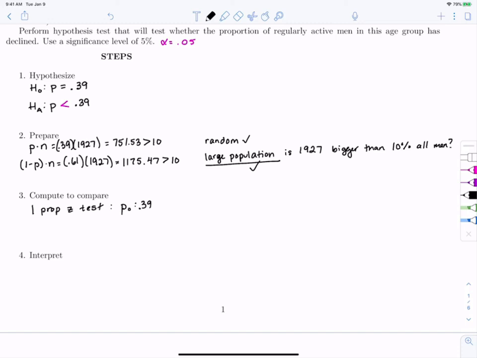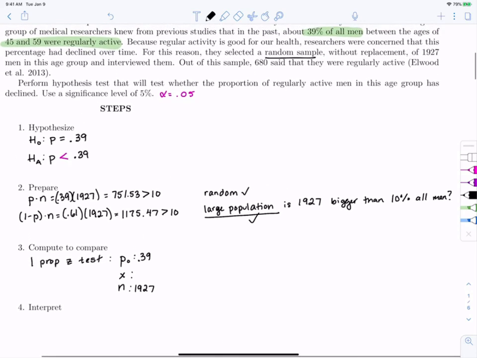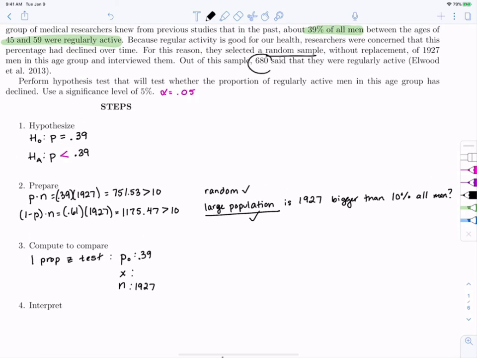Then we need our x and our n. And so our n is our sample size. In this case, that's going to be 1927. And x is the number of people who said that they were regularly active out of this sample. So going back up, that's that 680 right here. Okay, so my x is 680. How many of these men said they were regularly active?